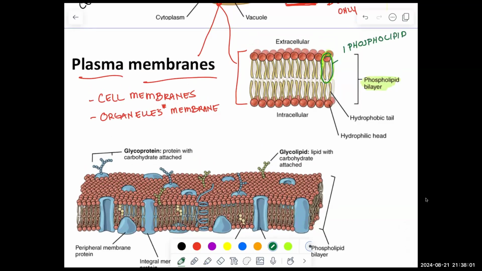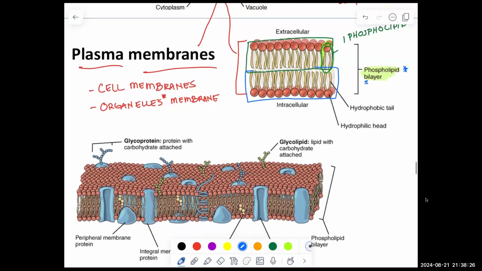And you can see the way that they arrange themselves. So you will have one row, and you have your second row. And this is why they're called the phospholipid bilayer. Two layers of phospholipid molecules make up that membrane. Okay.